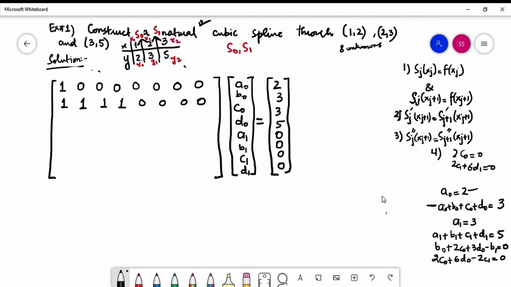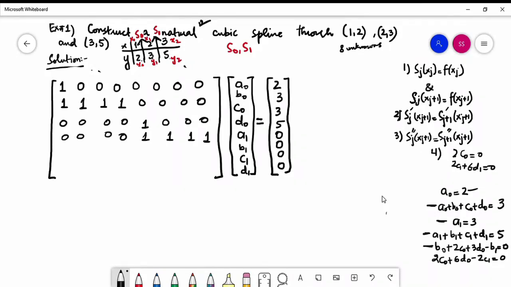Third equation: only a1 has the coefficient 1 and the rest have the coefficient 0, equal to 3. In the fourth equation, a1, b1, c1, d1 have the coefficients 1, 1, 1, 1, and a0, b0, c0 and d0 have the coefficient 0.